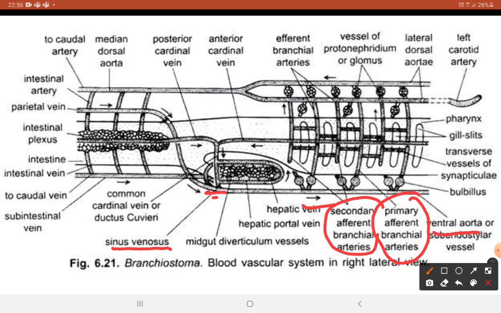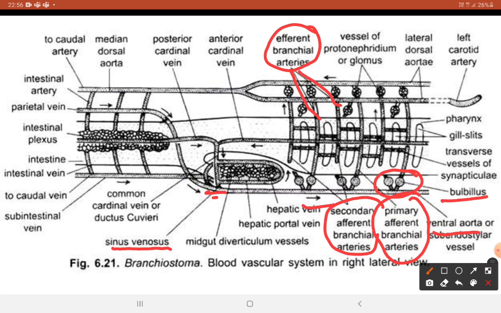The one which goes to a secondary gill is called a secondary branchial artery. The afferent branchial arteries start off with small pulsatile organs called bulbuli, and these bulbuli pump the blood forward in the afferent branchial arteries into these gills, and from there the blood is picked up by the efferent branchial arteries.